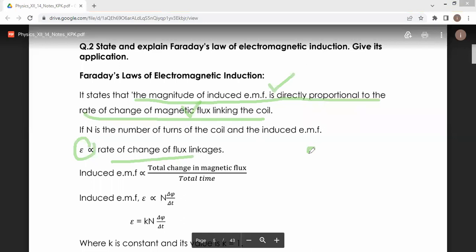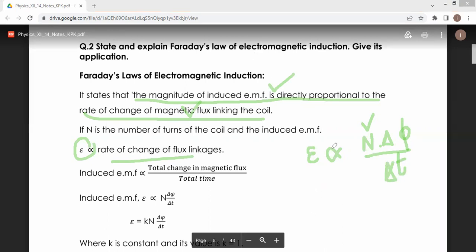So this means that induced EMF is directly proportional to the total change in magnetic flux. So it will be N and the change in flux, because the number of turns is always constant, divided by delta t, the change in time.